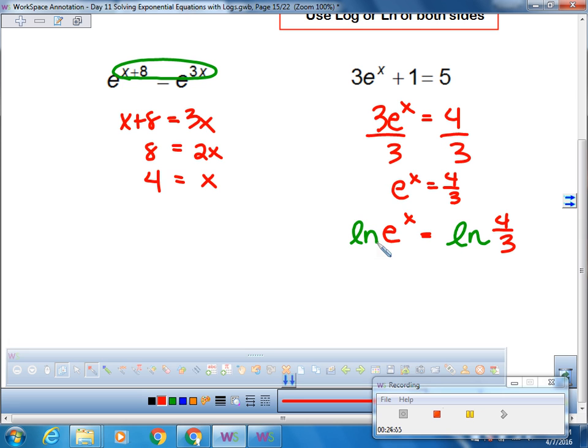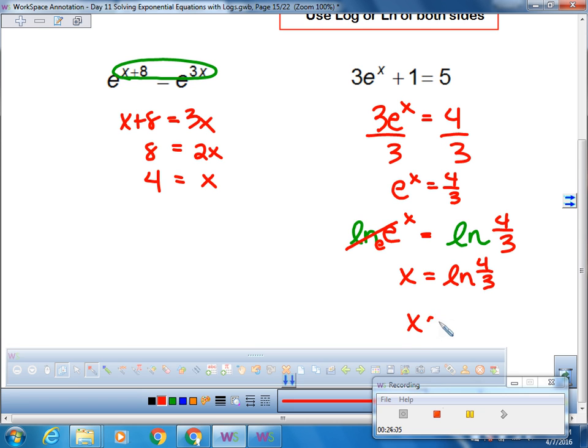Natural log and e are inverses of each other. When these match, this is equal to 1. So I have x equals the natural log of 4/3.